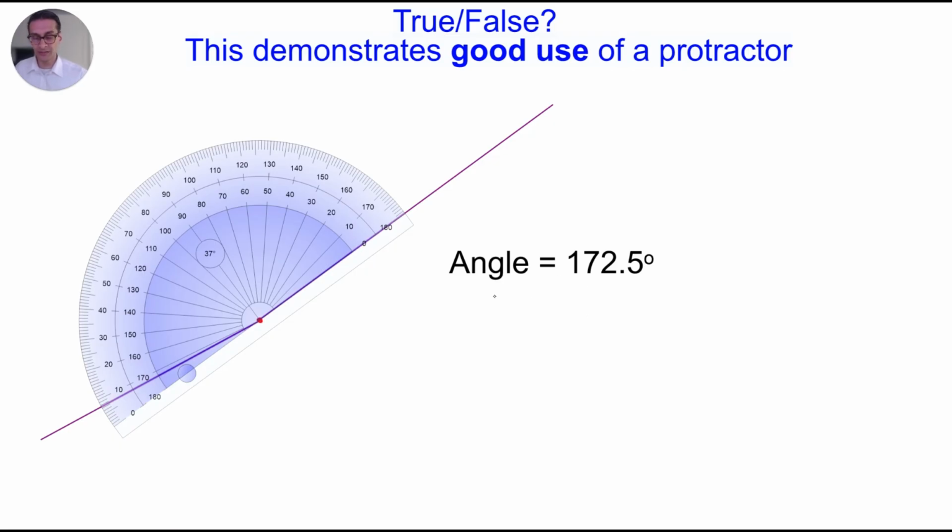I don't think that you will ever come across them, but they do exist and you are allowed to have them. So in this case, you can see the line is just in between 172 and 173, so 172.5 would be fine. If you were asked to measure this in an exam and you wrote 173, plus or minus 2 degrees, you would get full marks. Okay.